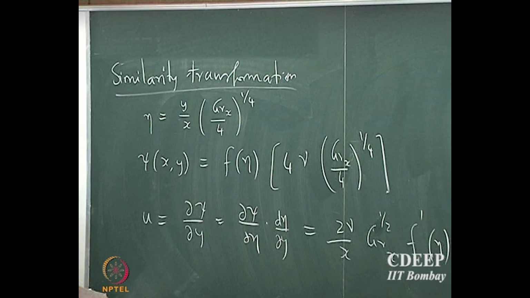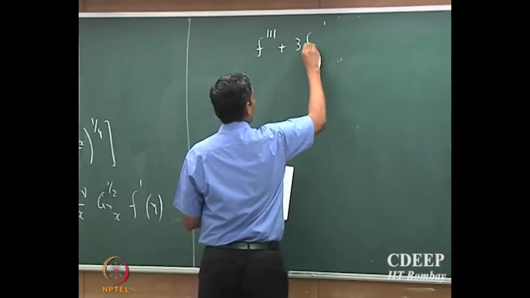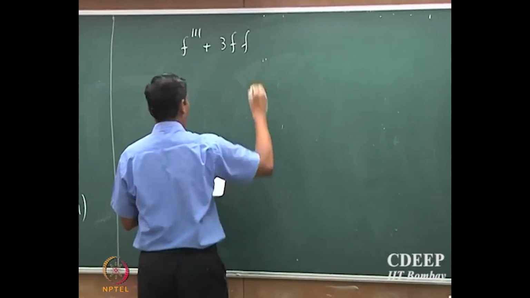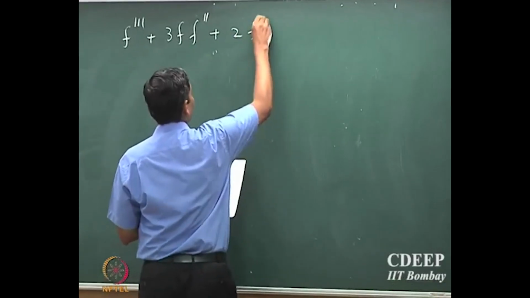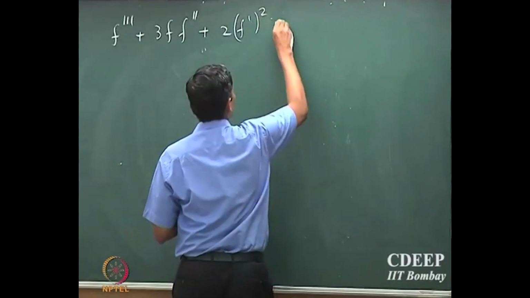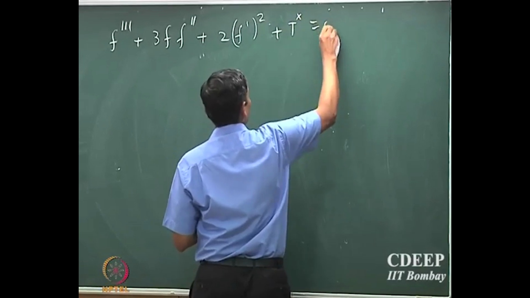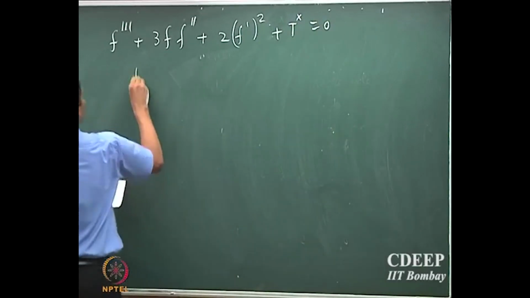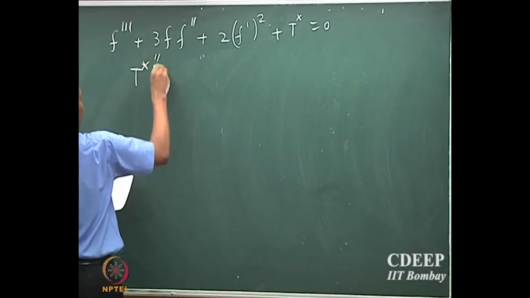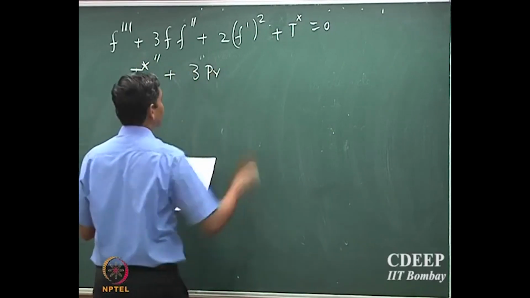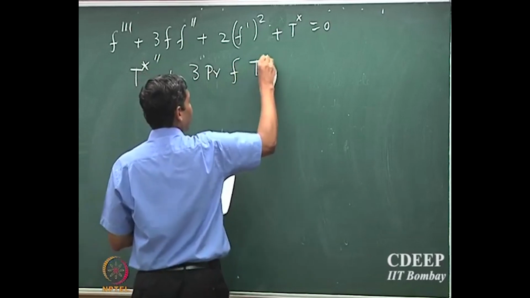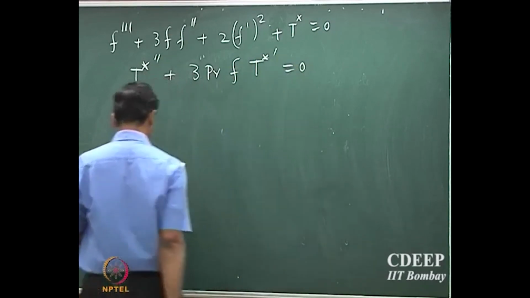f triple prime plus 3f into f double prime plus 2f prime square plus t star equal to 0, and t star double prime plus 3 times Prandtl number into f into t star prime equal to 0.